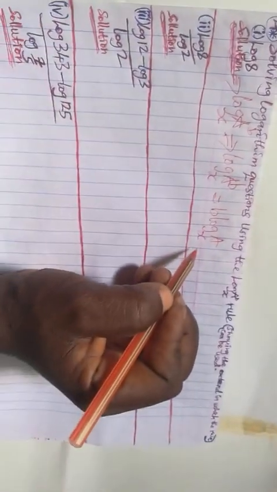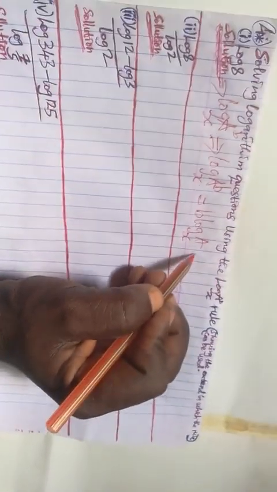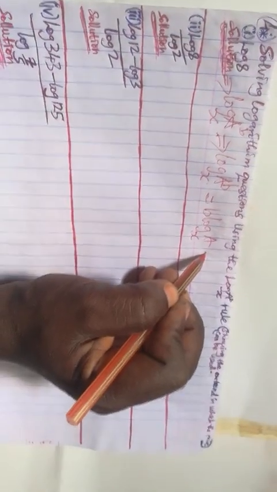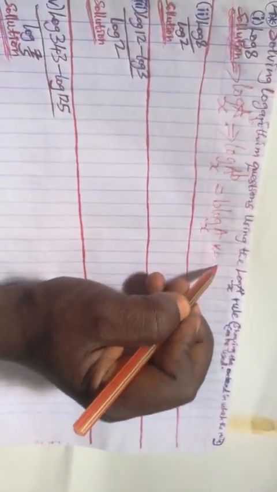Note that this rule has nothing to worry us, so long as we know that multiplication goes with addition while division goes with subtraction.